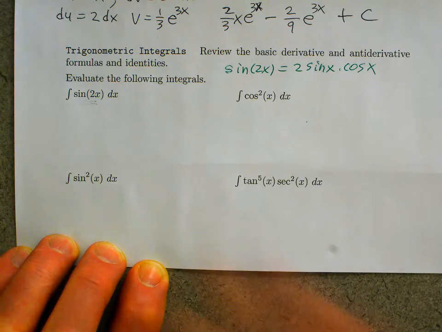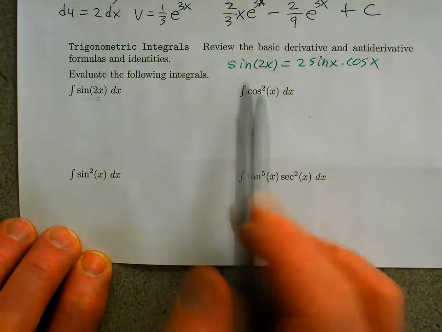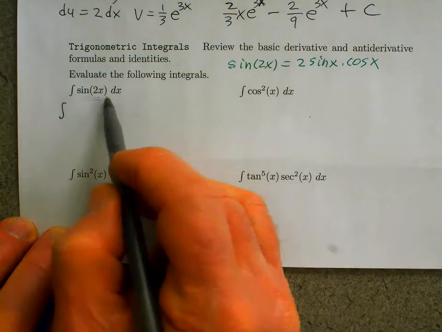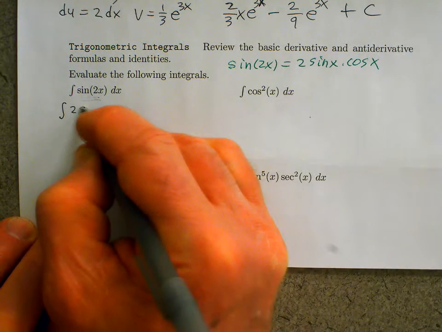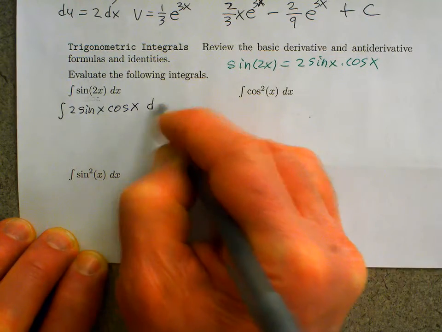So in my opinion, this isn't the only way to do it, but in my opinion, this works really nicely. So replace sine of 2x with 2 times sine of x cosine of x dx.